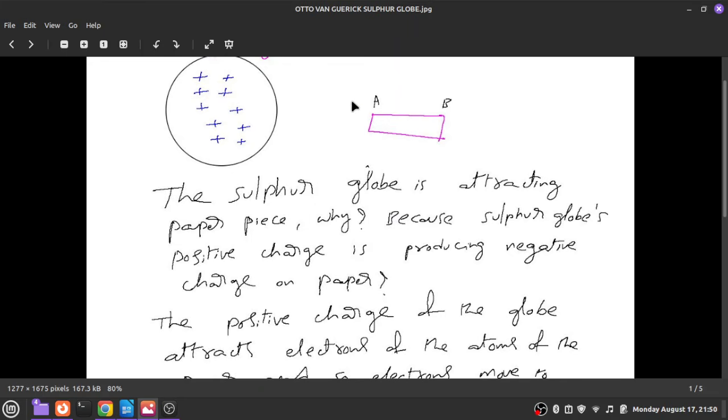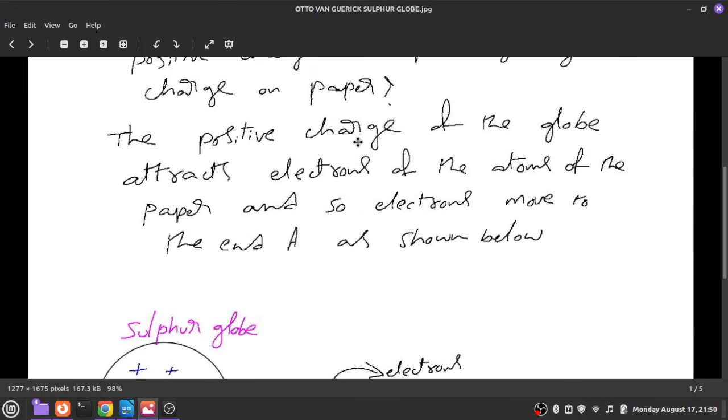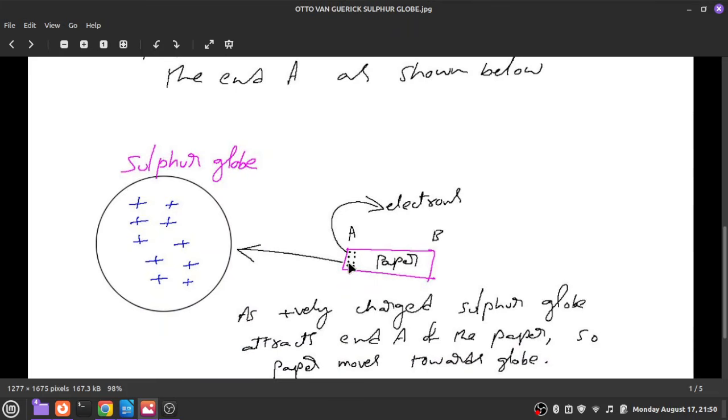This positive charge will apply an attraction force on the electrons of the paper. So electrons move from one end to the other end, say from end B to end A. So at end A, we see accumulation of electrons. See that it is like that. Accumulation of electrons. Therefore, end A is becoming negative.